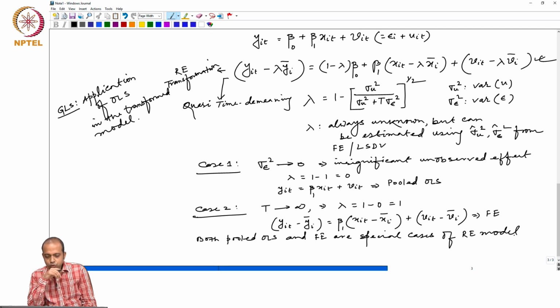When lambda tends to 1, random effect estimates will tend to fixed effect estimates. When lambda equals 0, random effect estimates will tend to pooled OLS. Now, we will take one data set, another data set, and try to understand how to estimate a random effect model and their interpretation.